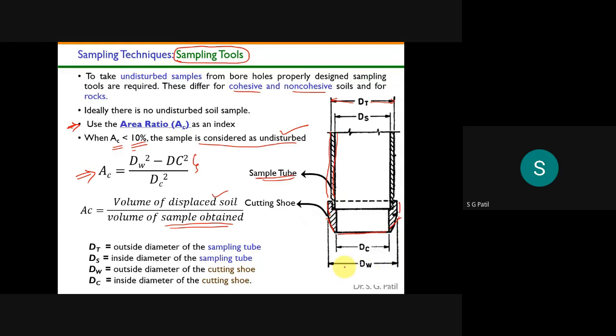Dw is the outside diameter of your cutting shoe, and Dc is the inside diameter of your cutting shoe. So this is the area ratio definition. Based on the area ratio, if it is less than 10%, then that sample can be classified as an undisturbed soil sample.